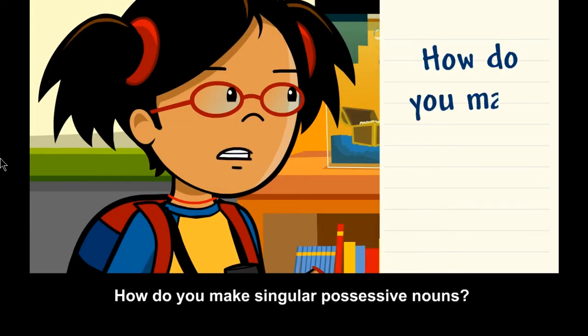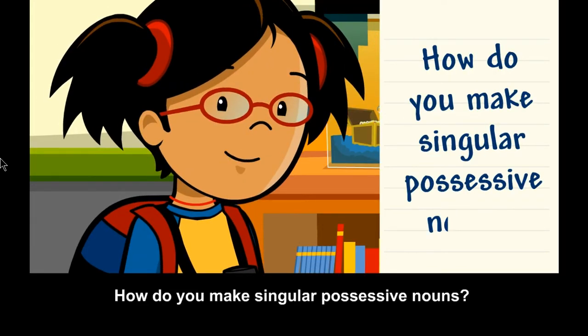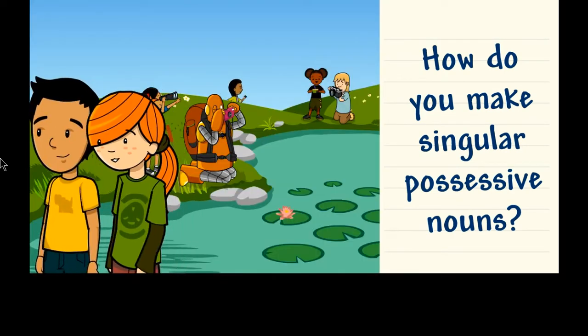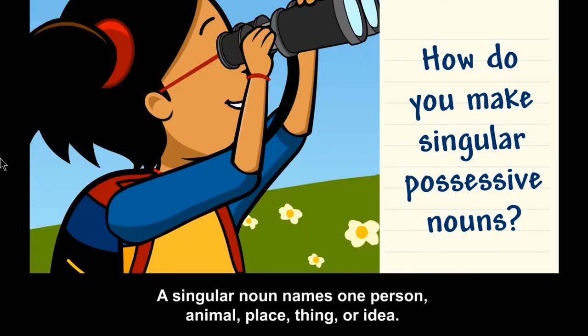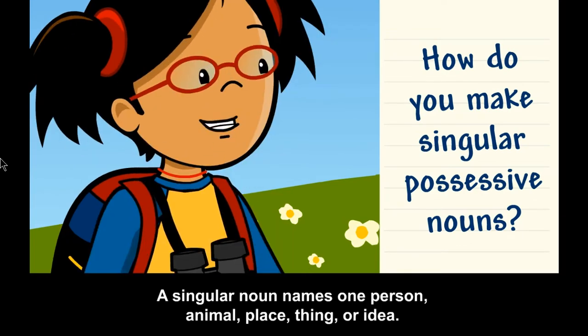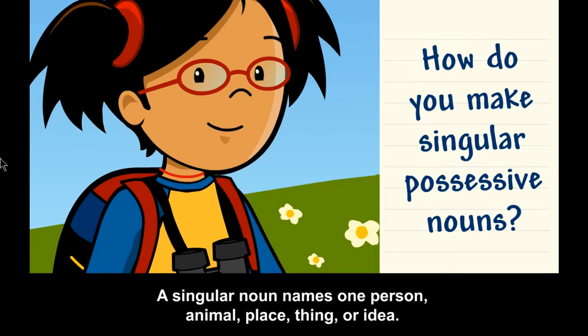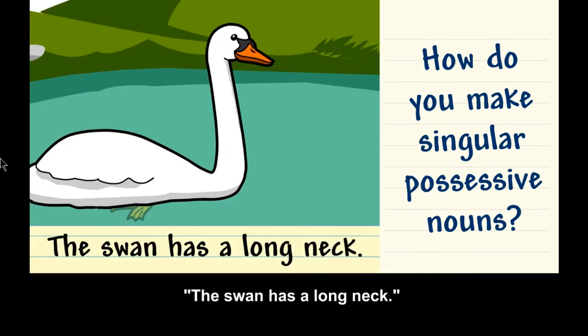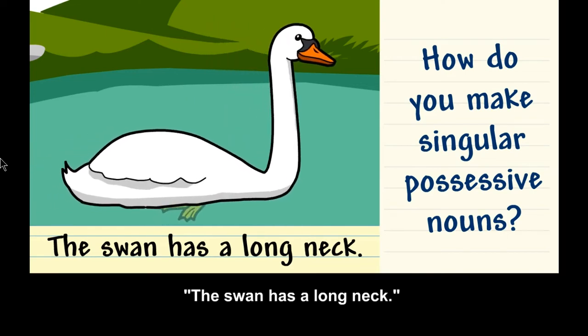How do you make singular possessive nouns? A singular noun names one person, animal, place, thing, or idea. The swan has a long neck.